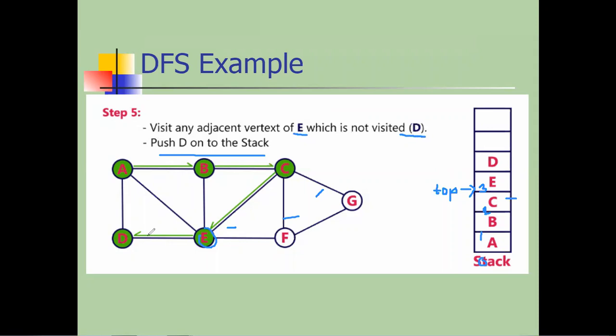The adjacent of E are D, A, B, C, F, but A, B, C are already visited. So the remaining are D and F. So we have to push that element into the stack. Where is your stack pointer now? It should be pointing to D. Okay, so where did the stack pointer go?